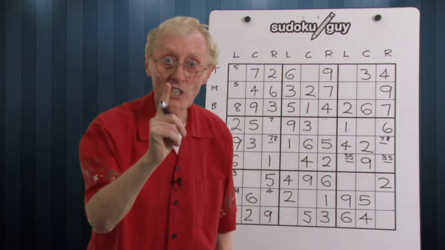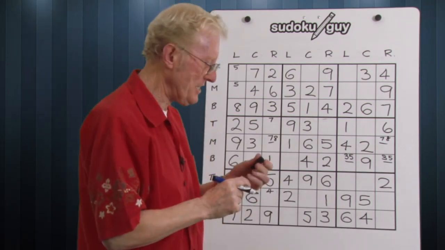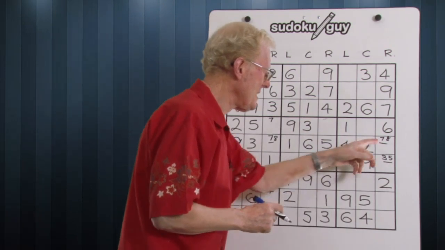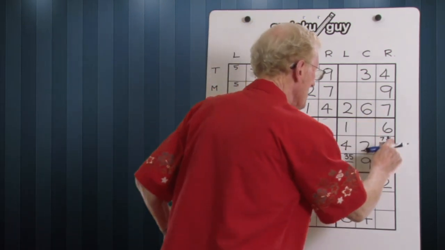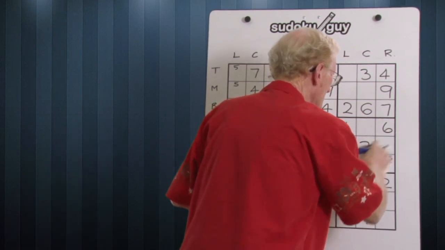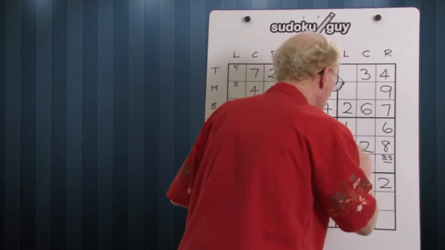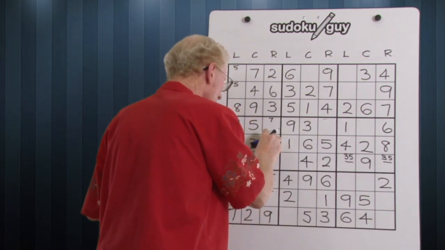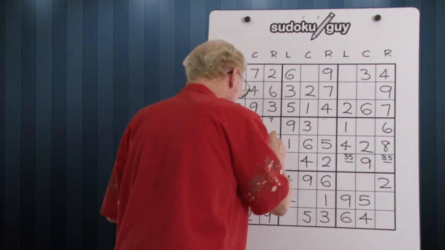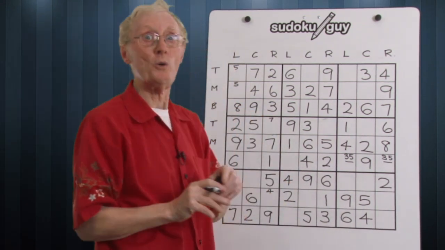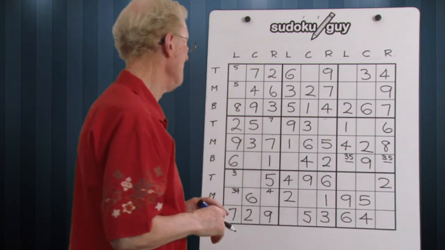But now watch carefully, because one of the neat things about matching pairs is that if you get one of them, you've got the other one. Look at this 7, 8. We've got a 7 there. So that means you can get rid of that 7, and this becomes an 8, which means this 8 is cancelled on that row, and this becomes a 7. And we've completed that row just because we knew how to complete 2 empty cells.